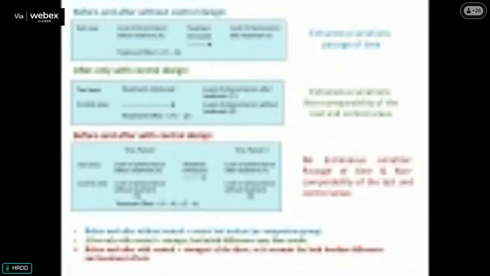So the first one, the before and after without control design, is the easiest thing to do. The simplest thing to start with, but it will be weakest in terms of extraneous effects. Okay. But after only with control is stronger. But again, the initial differences may bias the results. We said that research design is important to remove biases and improve reliability. So it will have biases.